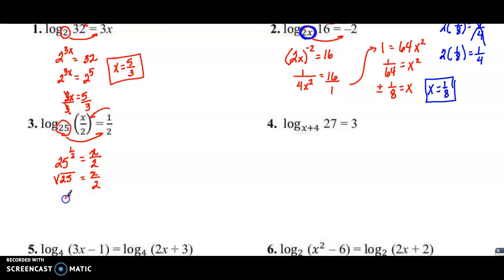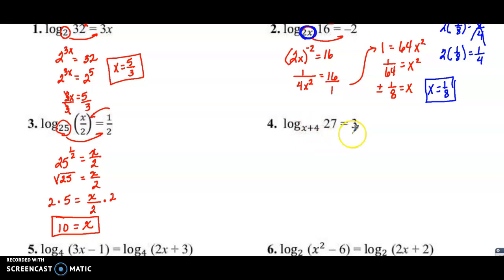And we know the square root of 25 is equal to 5. So if 5 is equal to x over 2, I can get my 2 out of the denominator by multiplying both sides by 2, and therefore my x must equal 10. We want to double check where our x is. Our x is in this part, so notice 10 divided by 2 gives me 5, so x equals 10 is a good answer.